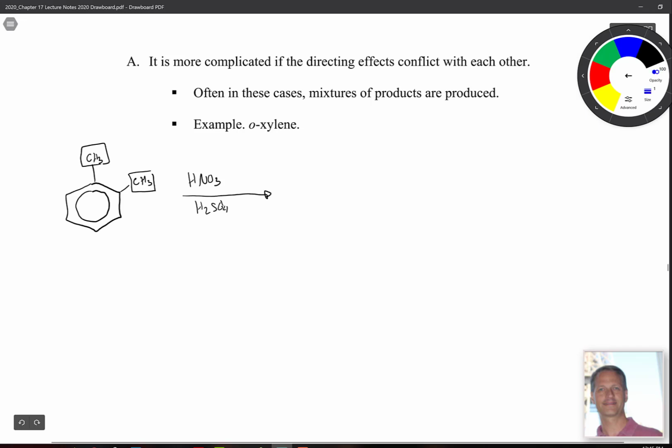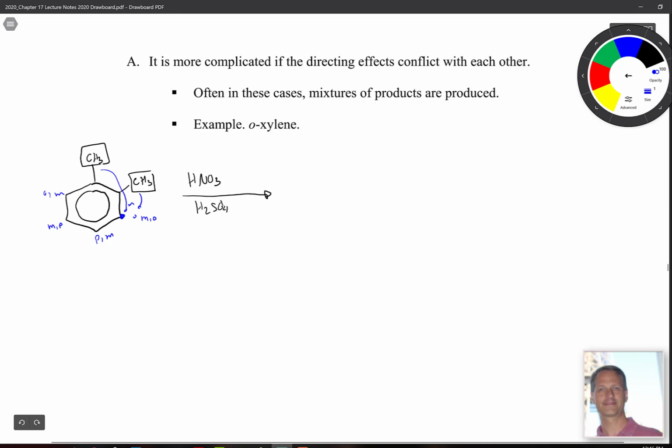Well, this position here is meta to that, right? So you're meta here, but you're ortho to this. So this is meta ortho. Over here, you're para or meta, right? Over here, you are meta or para, and here you are ortho and meta.